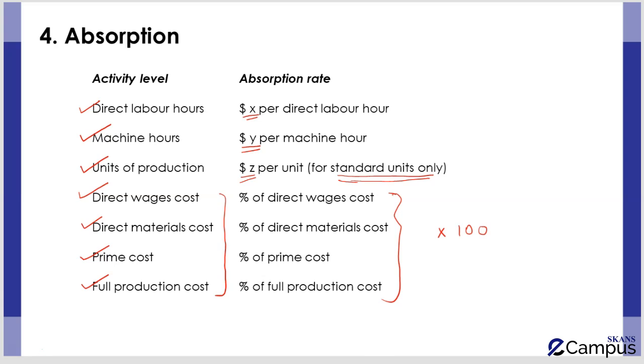So there is a need to multiply it by 100 so that we get a proportion or percentage of overhead cost. In this way we get the overhead absorption percentage.